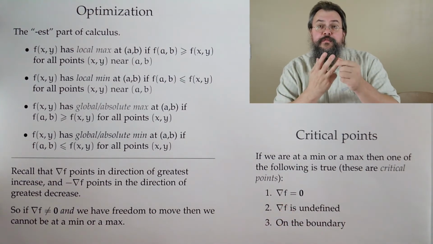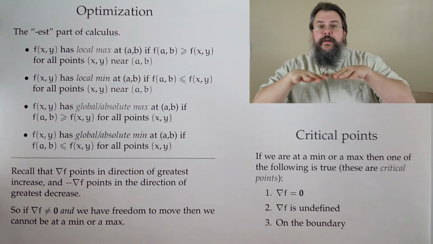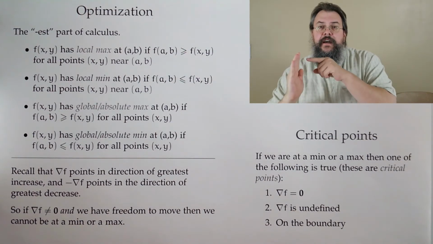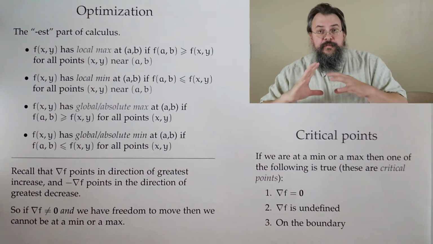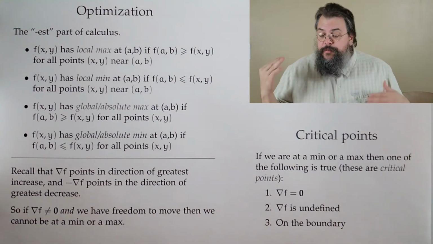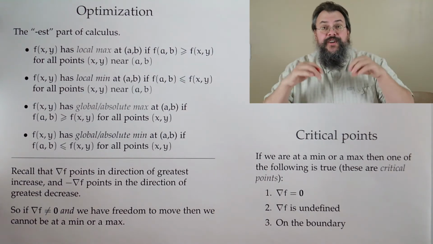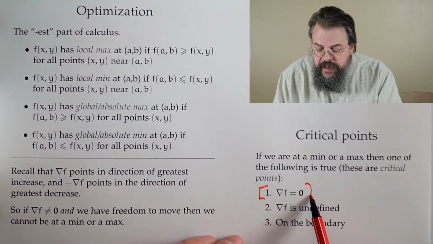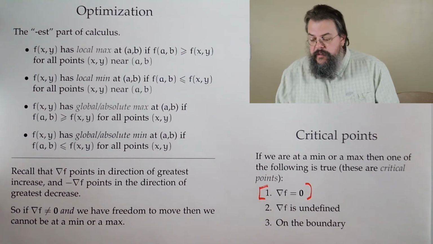And the freedom to move means that we can move around in our domain. If we're at an edge, I can't move outside. So I've lost the freedom to move, which means that we're on the boundary. Among all of these, the one that we're probably going to spend the most time on, particularly in this session, is where the gradient is equal to 0. So we're going to think about that situation.